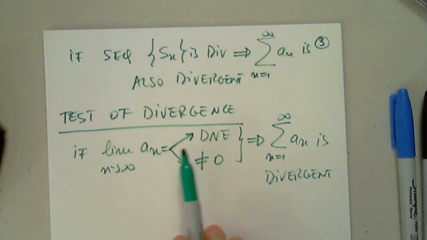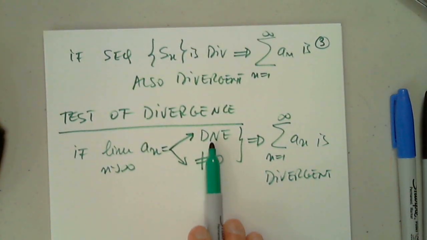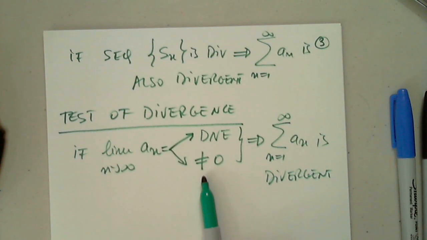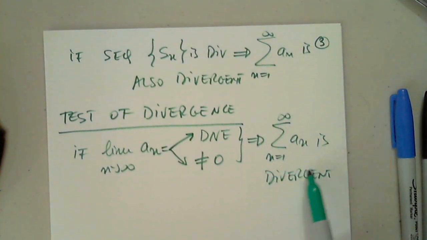So if the limit does not exist or is not 0, then the infinite series is divergent.